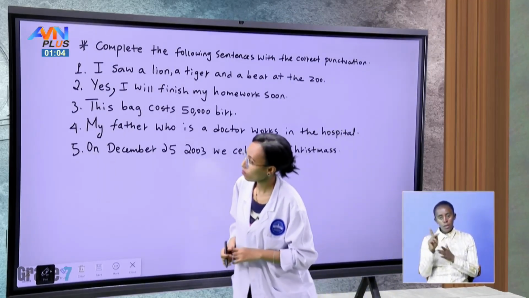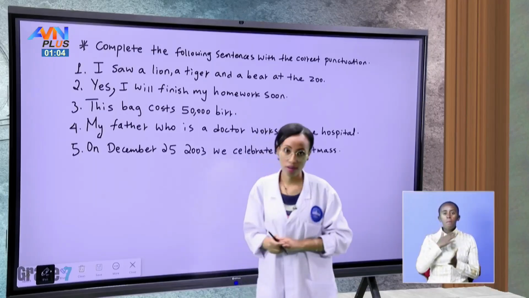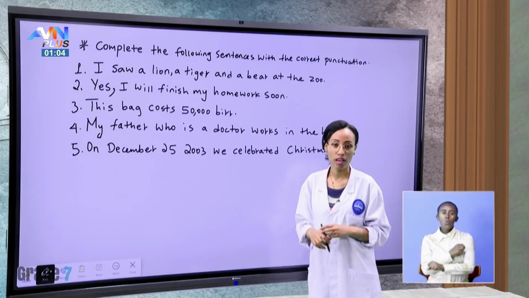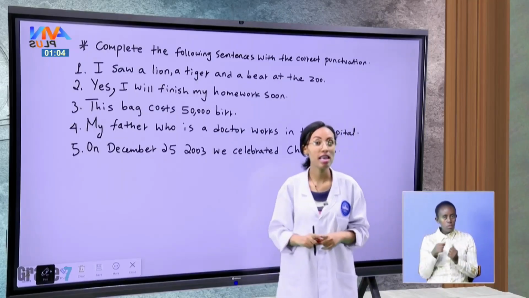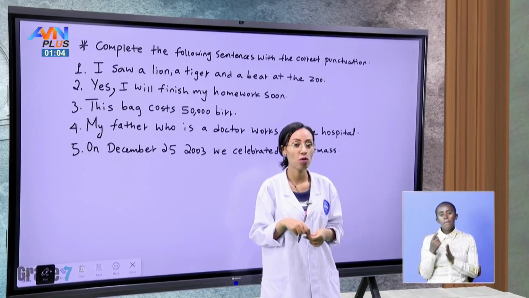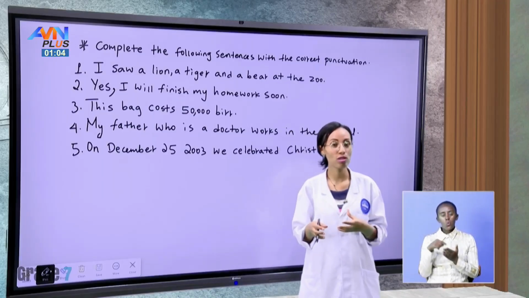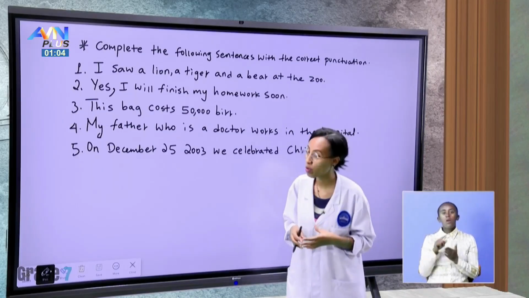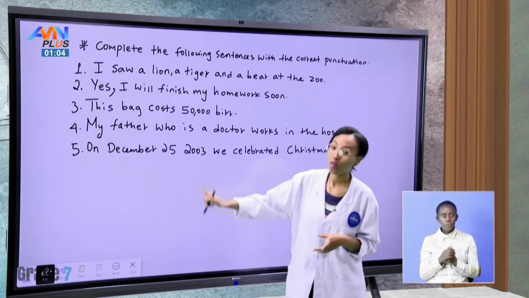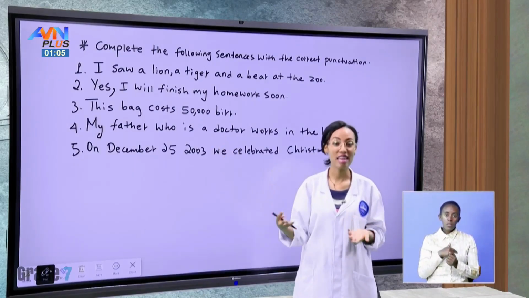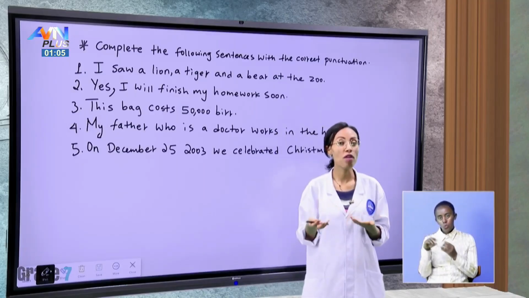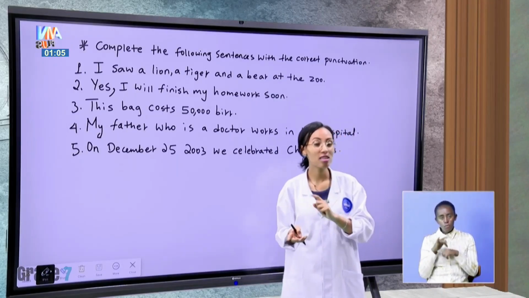Okay, number 4. My father, who is a doctor, works in the hospital. If you remember, this is one of the uses we talked about of the punctuation comma, which is we put in non-essential information to add more information, but it is not essential.